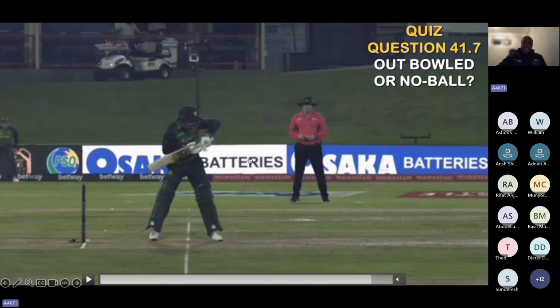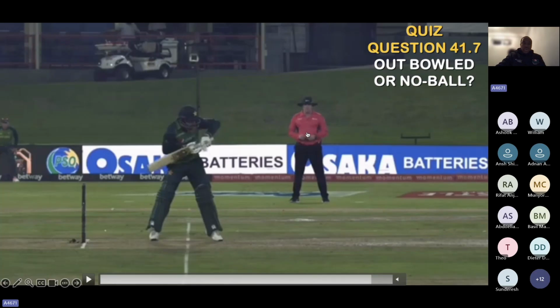Okay, why did Adrian Holdstock not call and signal no ball? Again, in televised matches, we are instructed by the playing conditions of the International Cricket Council not to call tight full toss no balls, because if you call it and it happens to be below waist height, you cannot revoke a no ball call.